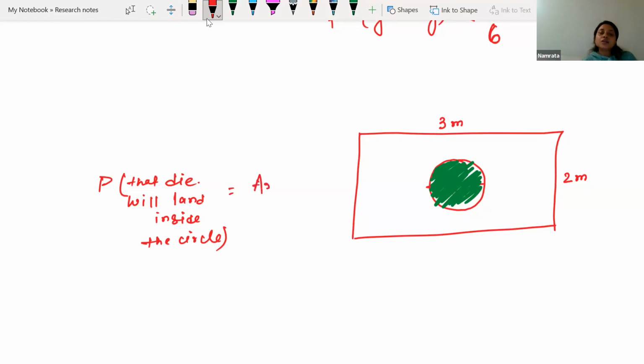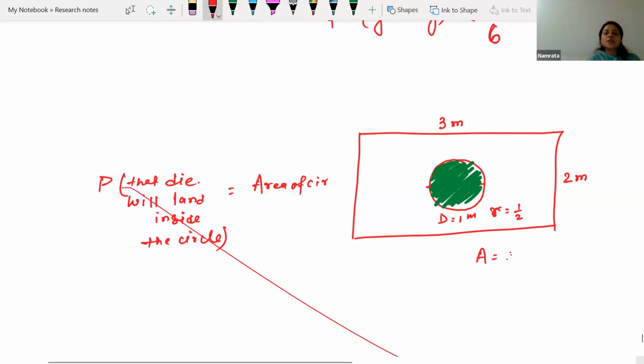So area of circle. We know the diameter of the circle is 1 meter, so the radius will be 1 over 2, and the area of the circle will be pi times R squared, where R is 1 by 2.